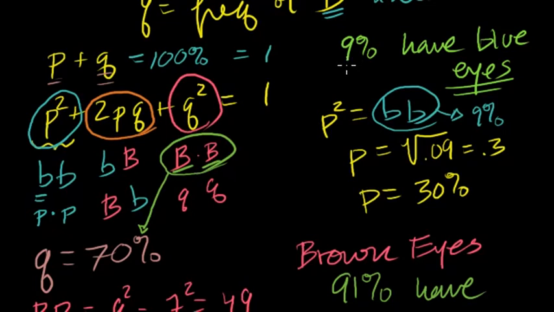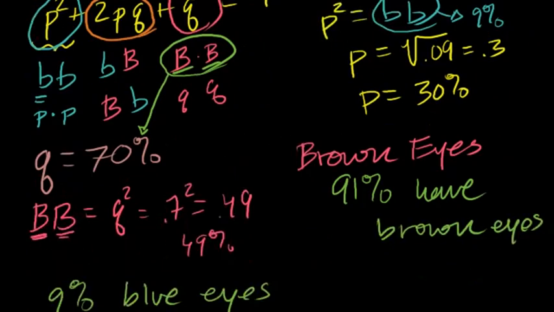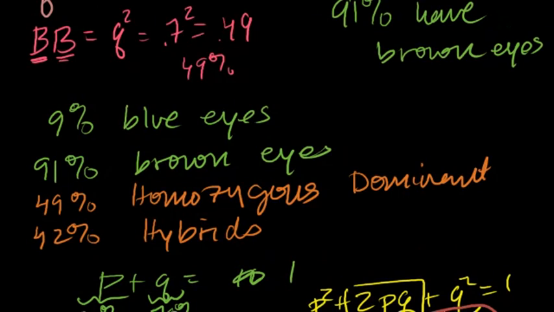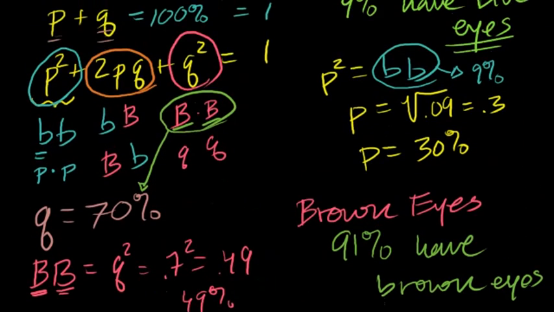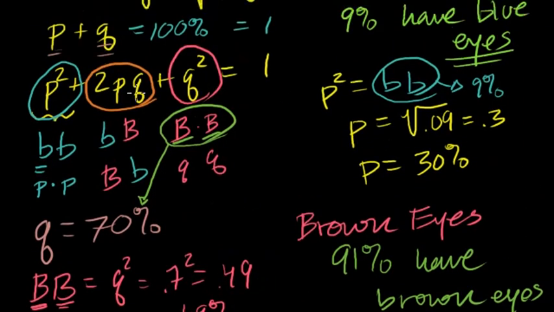Let's say some disease only happens when someone is homozygous recessive. So you can go and see what percentage of the population has that disease. But then doing the math that we just did in this video, you can figure out what percentage of the population have the allele for the disease, they're carriers for the disease, but they don't actually show it, and that would be the hybrids right there. So this is actually a pretty powerful tool you've just learned.